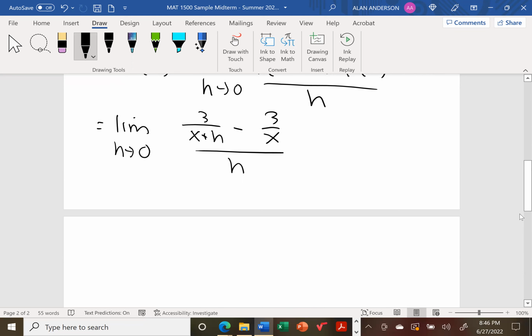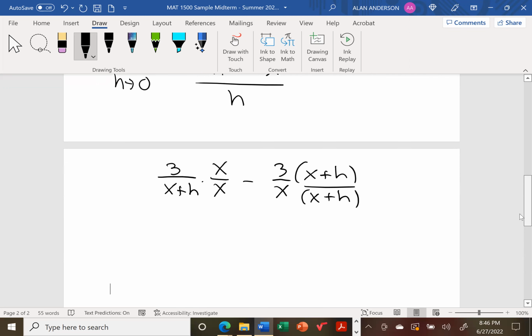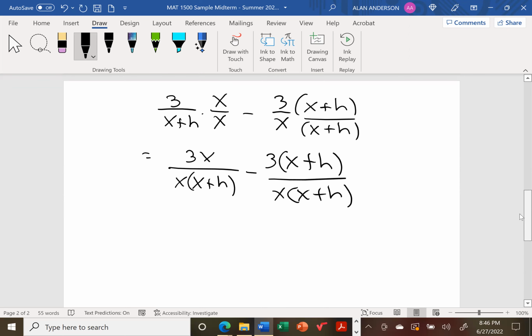So what we'll do is for the numerator, we'll multiply the first term by x over x. And in the second case, the second term, we'll have x plus h over x plus h. All right, so what does that give us? So here we have 3x over x plus h minus 3 times x plus h over x plus h. And now we can simplify it a little. We can drop the parentheses in the right-hand side.